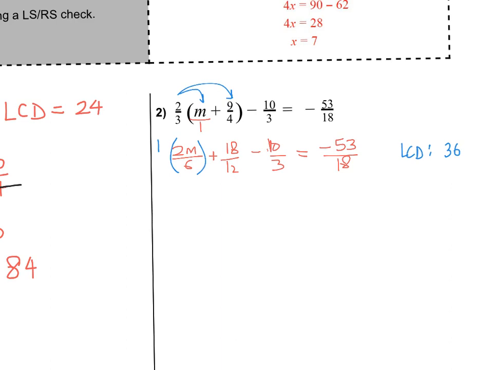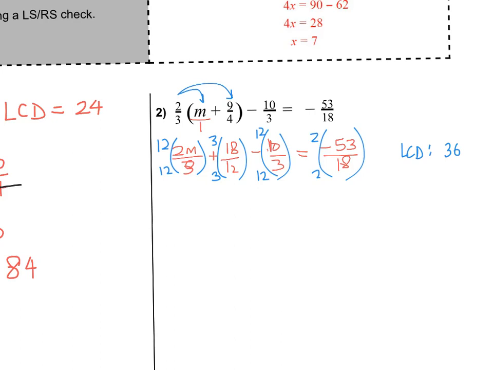This should be 3 here. So I am here multiplying all of this by 12. This gets multiplied by 3. This gets multiplied by 12 again. And this gets multiplied by 2.